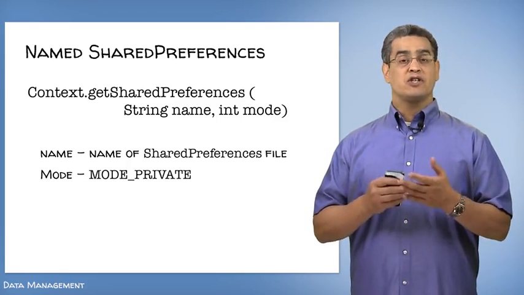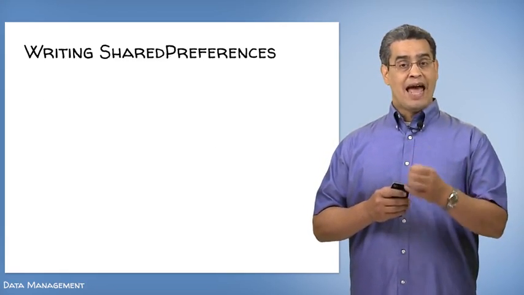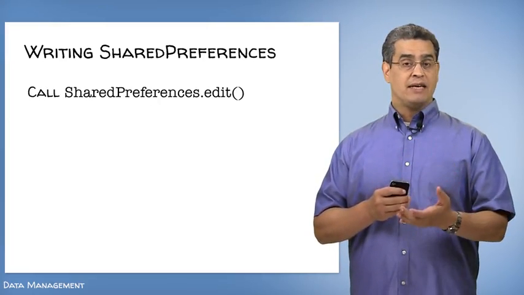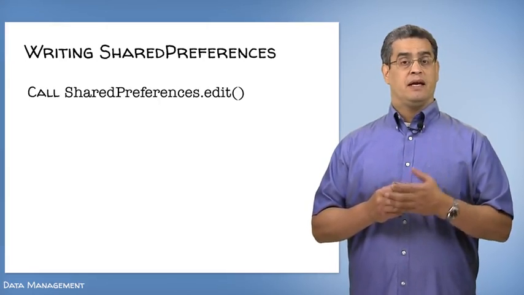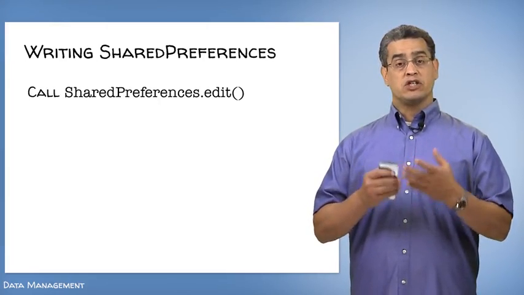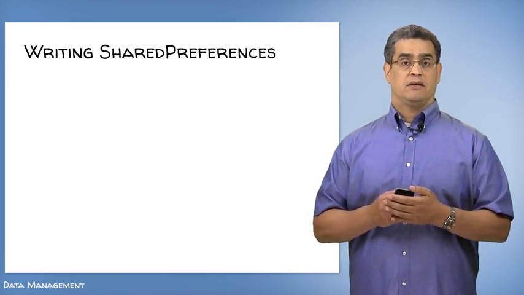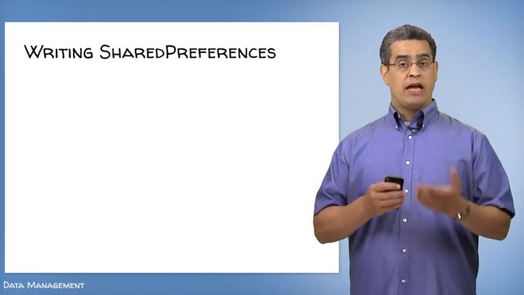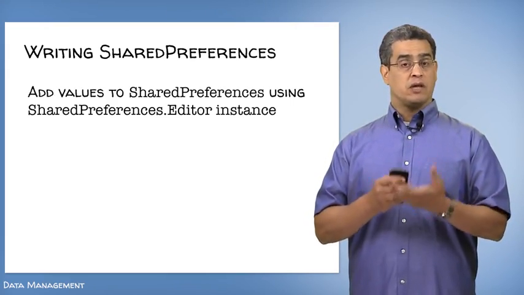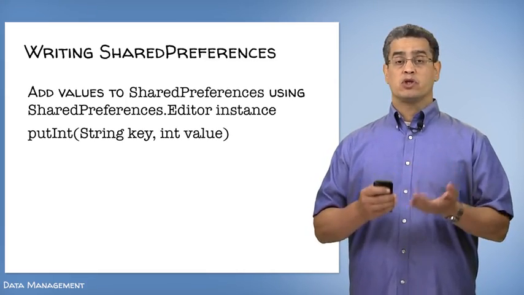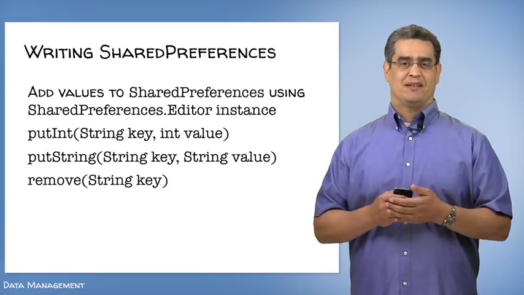Once you've acquired a shared preferences object, you can edit that object by calling sharedpreferences.edit, and this method returns a sharedpreferences.editor instance. You can then add or change the values of the shared preferences object using methods such as putInt, putString, and remove.